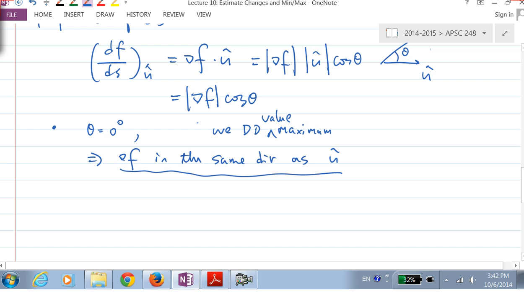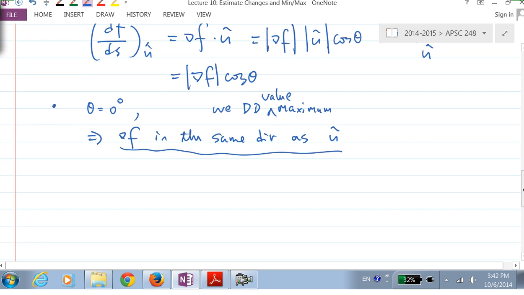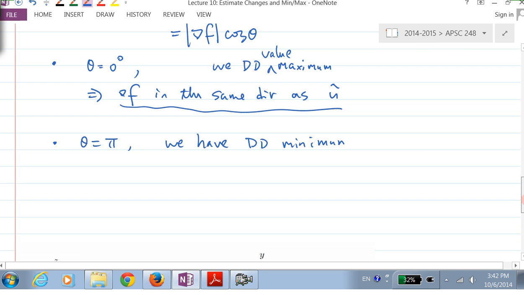Okay? Yeah. So, if the question is, what direction gives you the minimum, or the greatest decrease in function f? Pi. Exactly. So that's basically the second bullet here. When theta is pi, we have the directional derivative minimum.